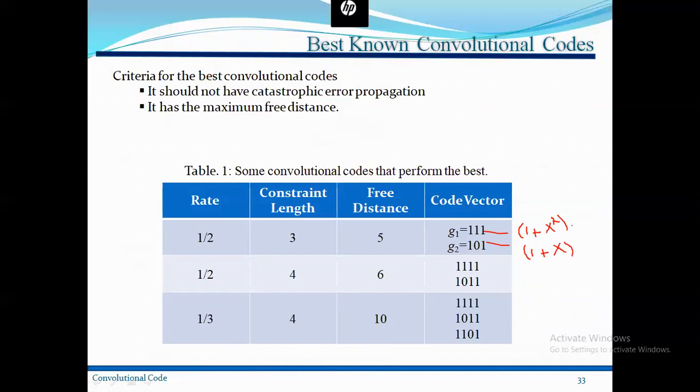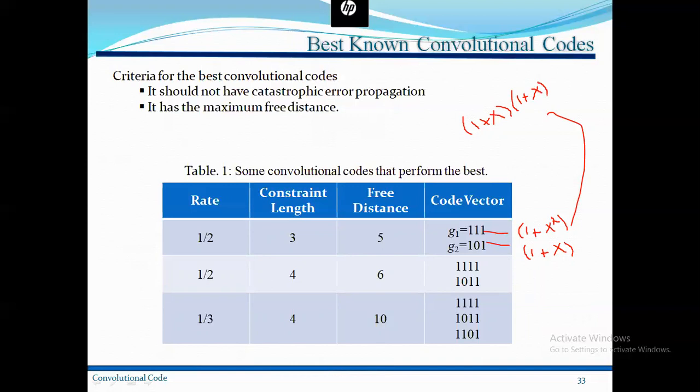This generator polynomial in fact has two factors, 1 plus x and 1 plus x. So what will happen if these two generator polynomials have the common factor?